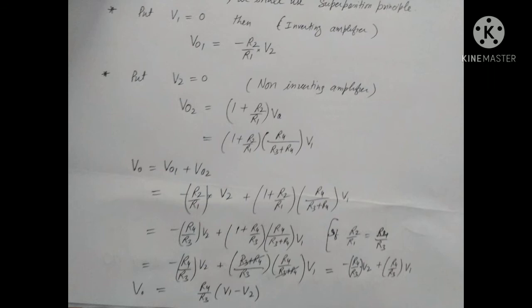So replacing R2 by R1 with R4 by R3 in this expression and slightly rearranging, we see that the output voltage is equal to minus R4 by R3 V2 plus R4 by R3 V1, that is, V0 equals R4 by R3 into (V1 minus V2).